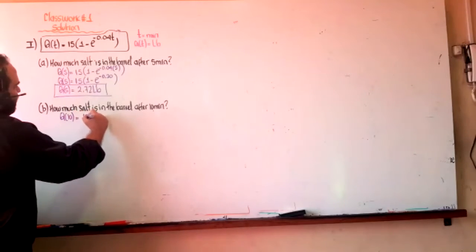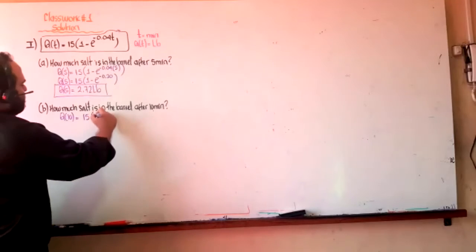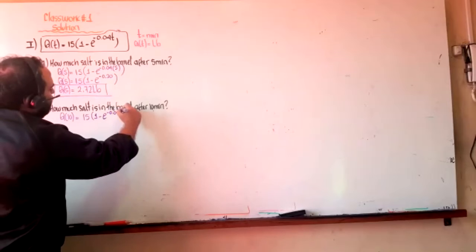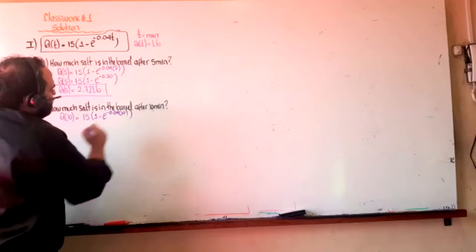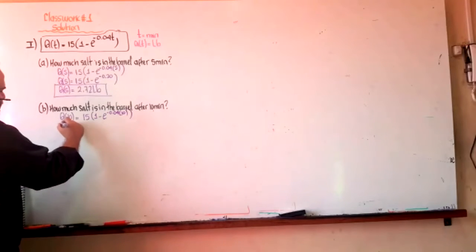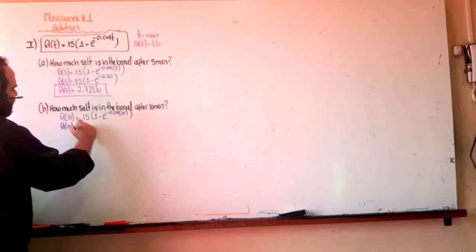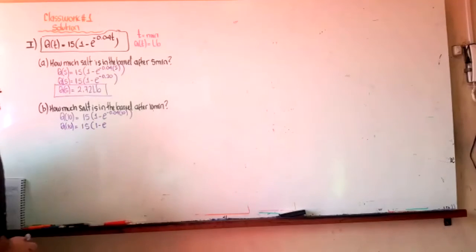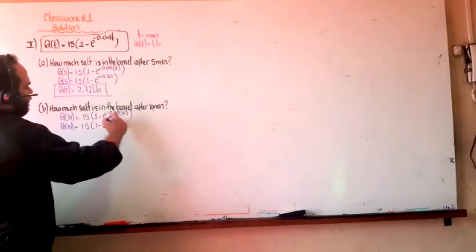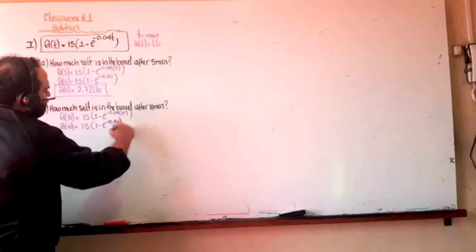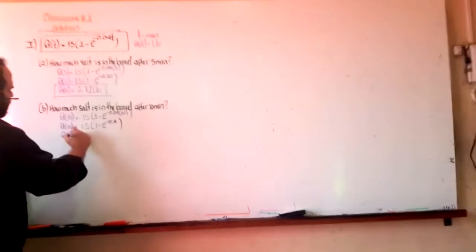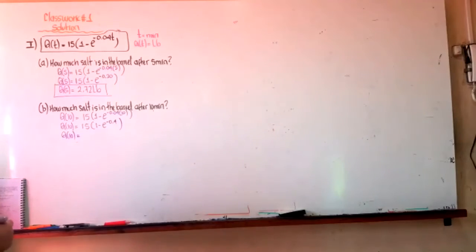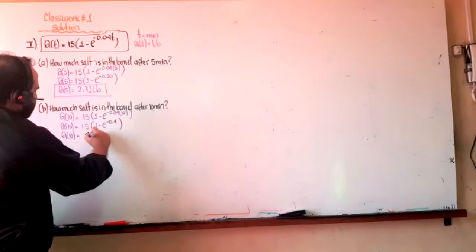We have 15(1 minus e to the negative 0.04 multiplied by 10). So Q(10) will be given by 15(1 minus e to the negative 0.4). So the answer to the second question will be 4.95 pounds.